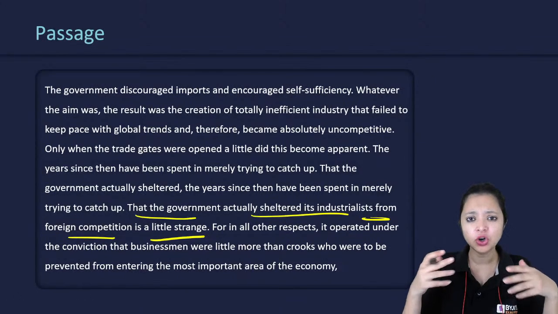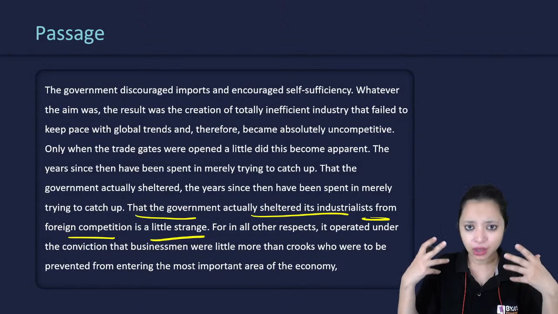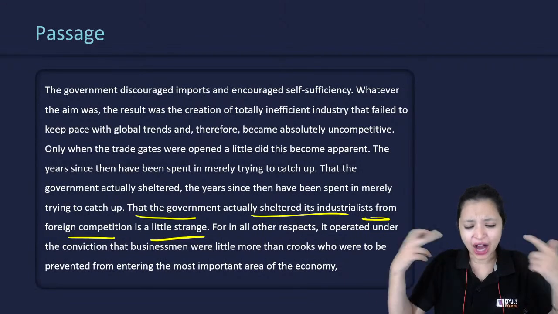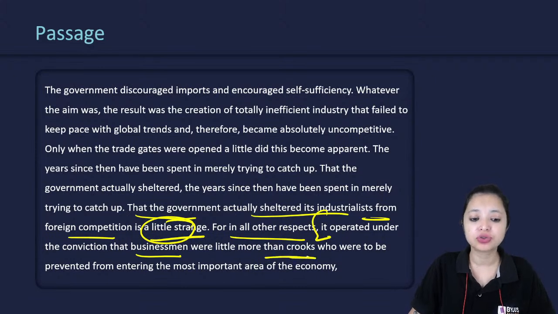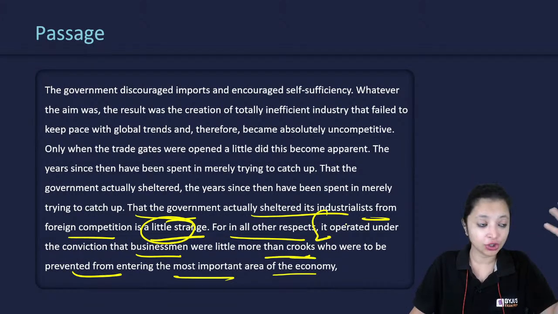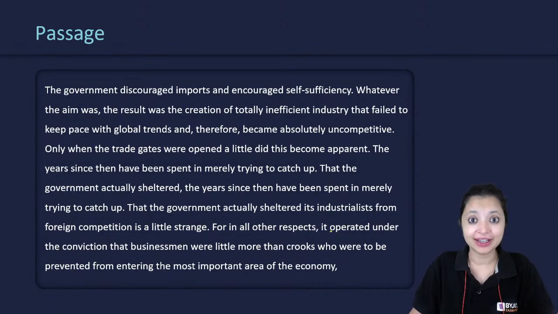Why did the government not allow the development and movement of industries outside our country? It's strange for him. Then he says, in all other respects, the reason was that the government considered the businessmen probably as crooks, and that's why they were prevented from entering the most important area of the economy. And the government did not allow the 1991 globalization, privatization, liberalization. So all of this is before that.